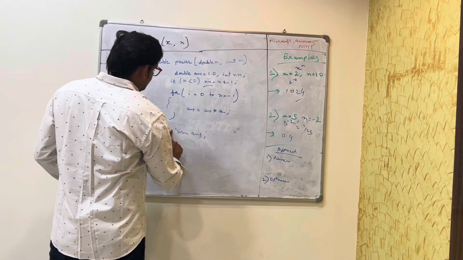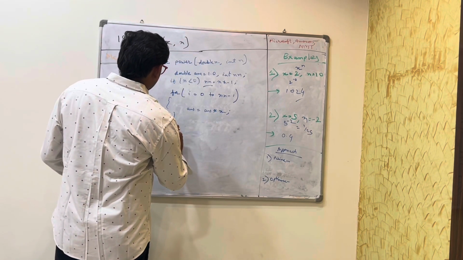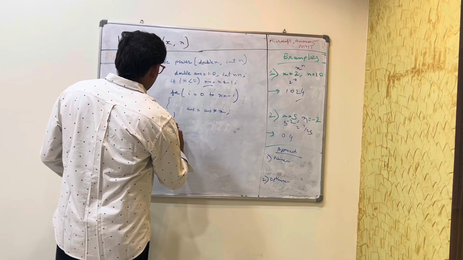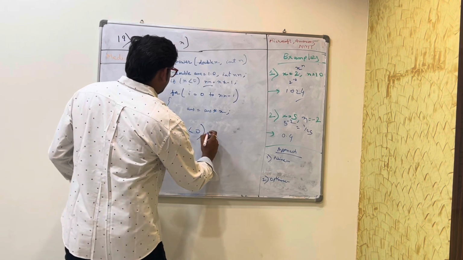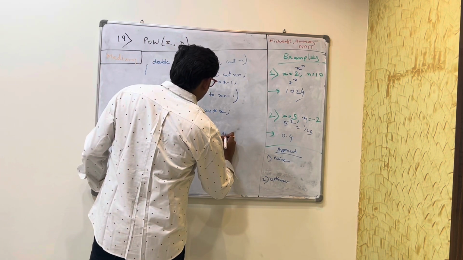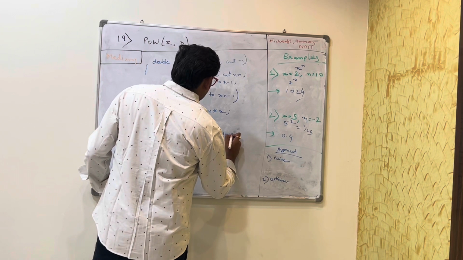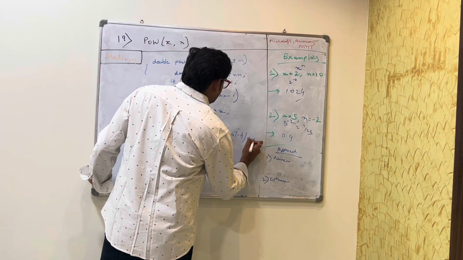So before returning, we need to check if n is less than 0, then we will return 1.0 by double of answer.